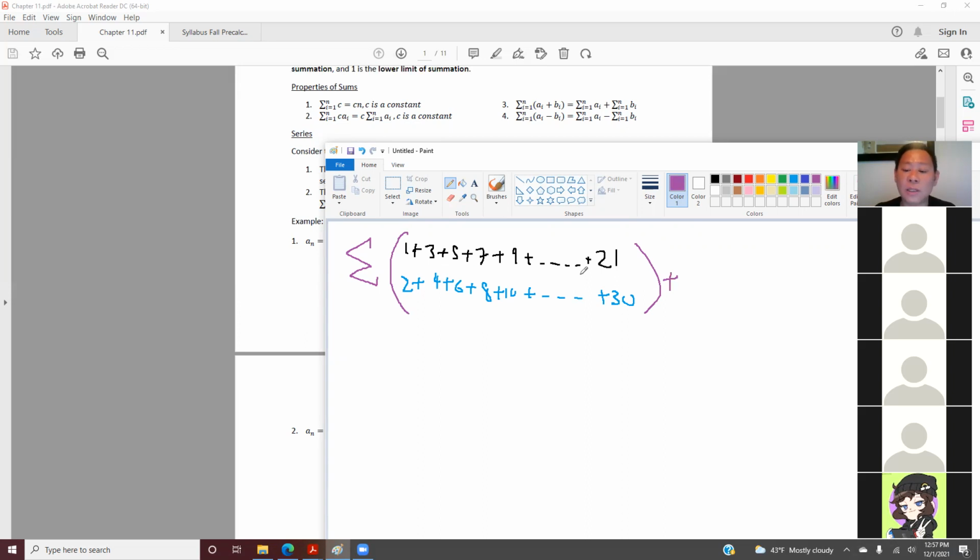Usually this is the same. So how many terms do we have from 21? 2n minus 1. This is 10. So this should be up to 22. Sorry, they have to be the same term here. This is 2n minus 1, because is your term 2n minus 1 or 2n plus 1?